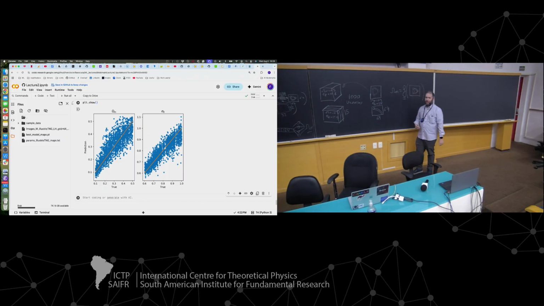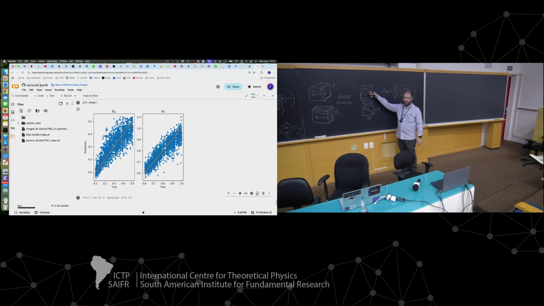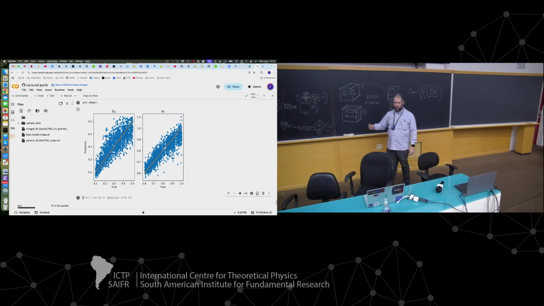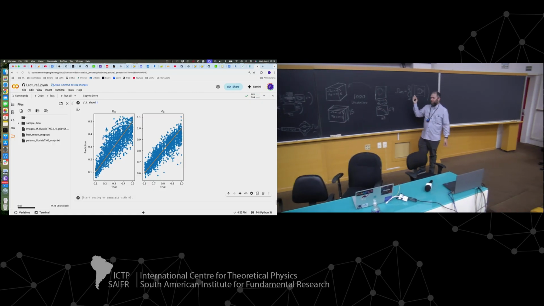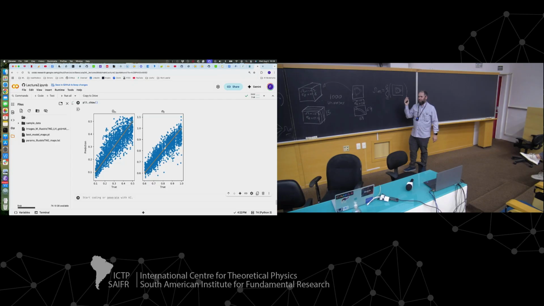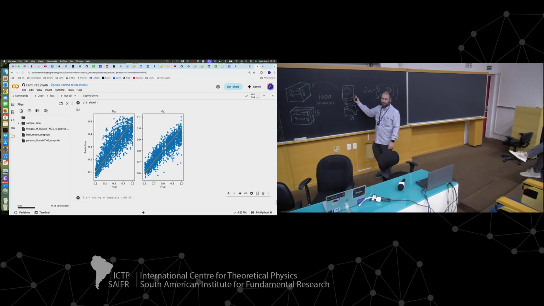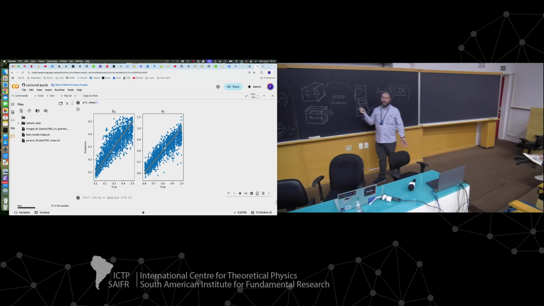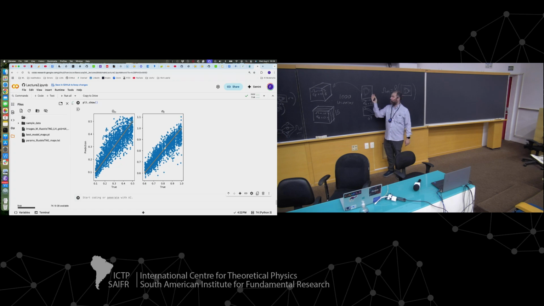You can take a summary statistic from the image, let's say the power spectrum, and then say, okay, with the power spectrum I write down my likelihood, I compute my covariance, and I get my posterior. But at the level of the image, how do you do that? What is the covariance of this? You cannot even write down a likelihood for this. This is not Gaussian. So you cannot even do this with traditional methods.